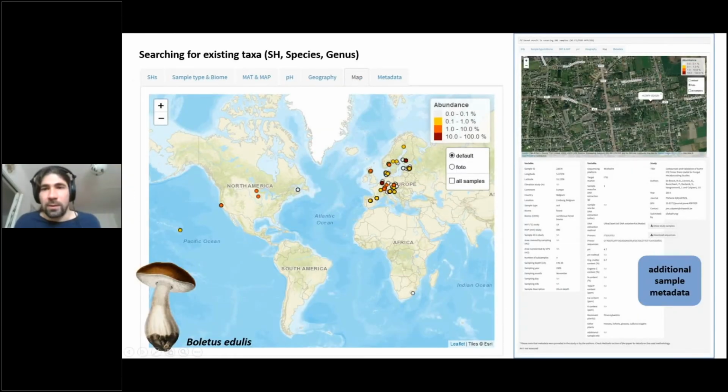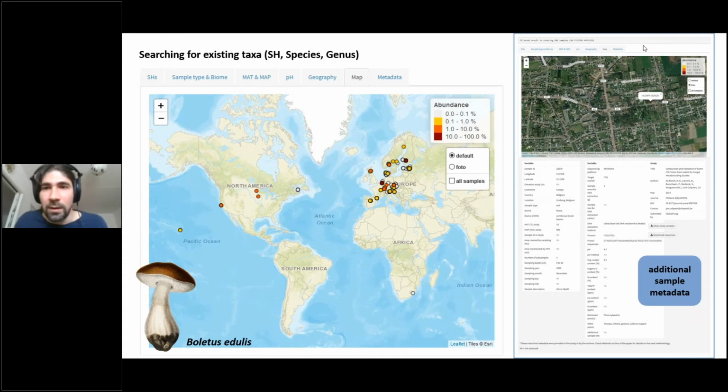And this screen is probably the most attractive visualization of our results. You can see the locations of the samples and the abundances of the sequences from this species. You can see it's mainly located around Europe, and some finds are also from North America.